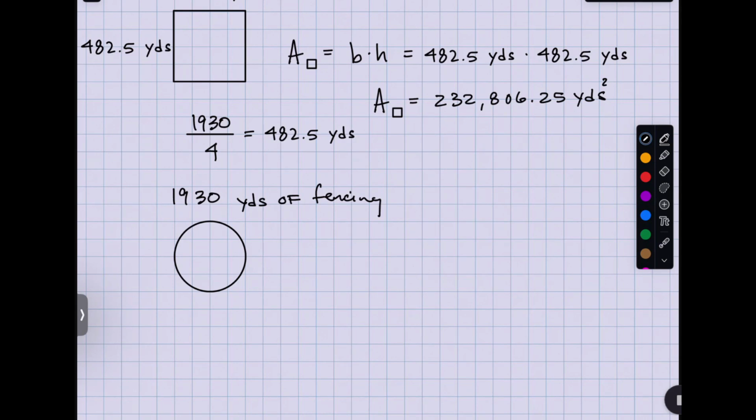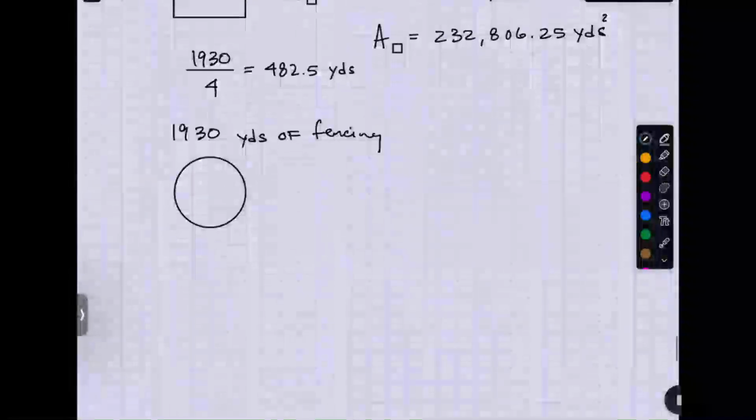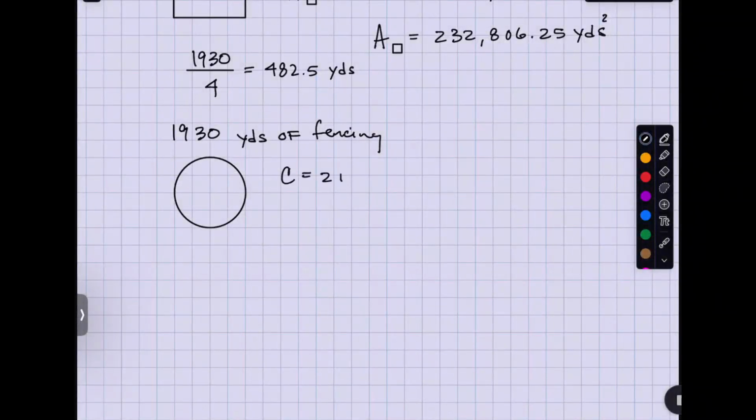The circumference. And the way I know the circumference, that is going to be 2 pi r. Is that right? So that means 1930 is equal to 2 pi times r. That means the radius is going to be 1930 divided by 2 pi.